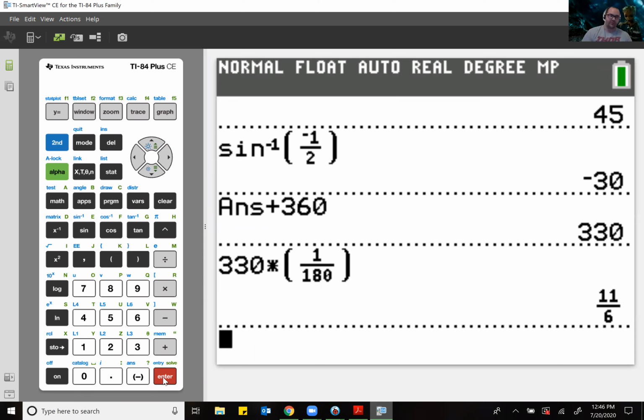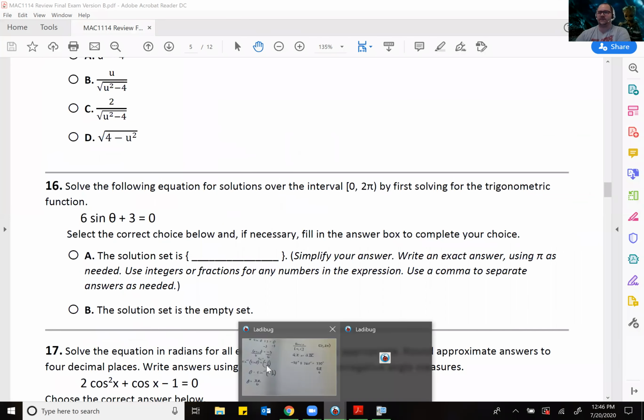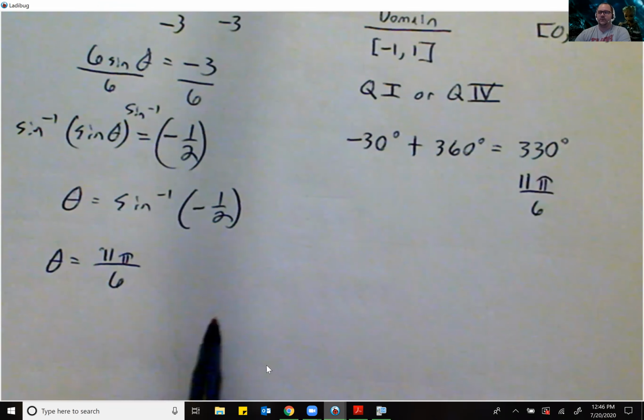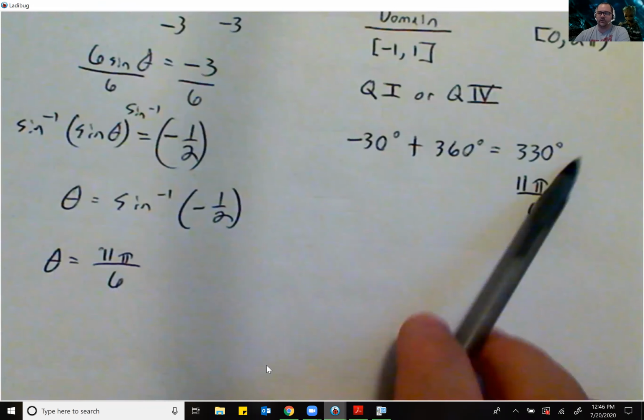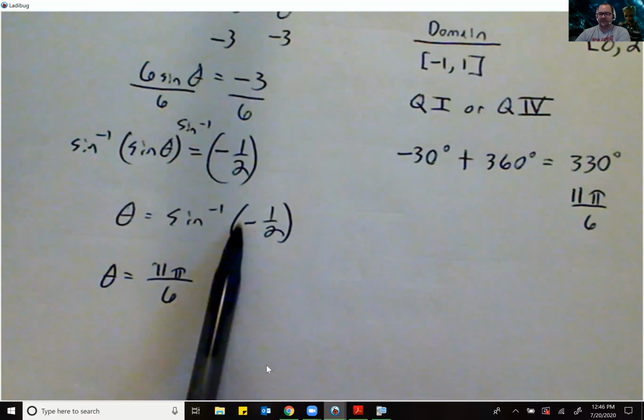Because there's actually another place where sine is negative at that angle, okay? So one of our thetas is 11 pi over 6, because we had to add 360 degrees to it. Now, there is one more angle. So when we go back up here, we're looking for when sine is negative.